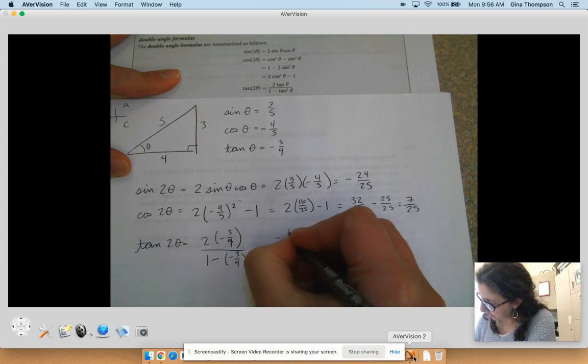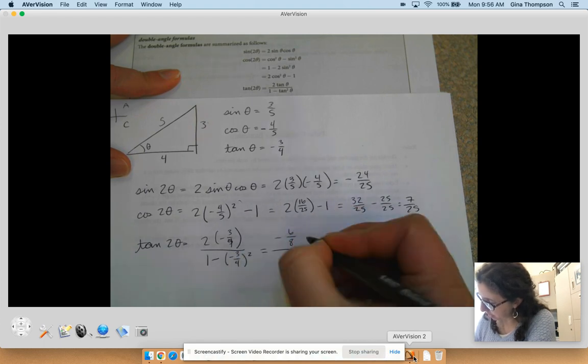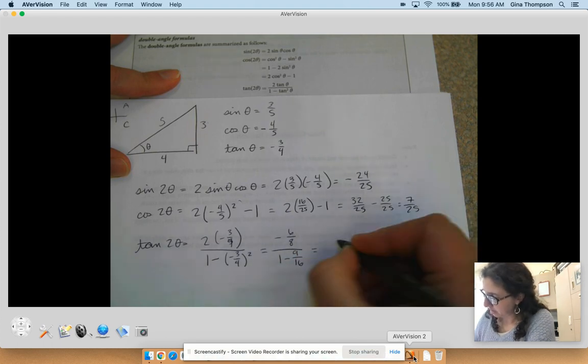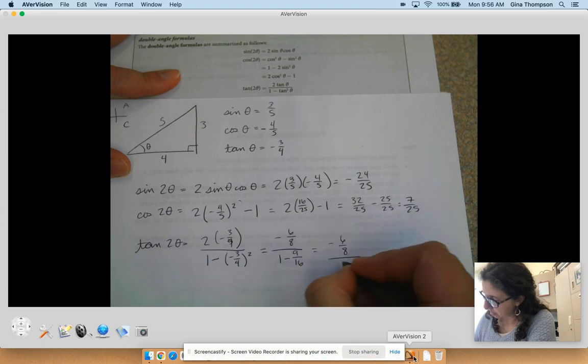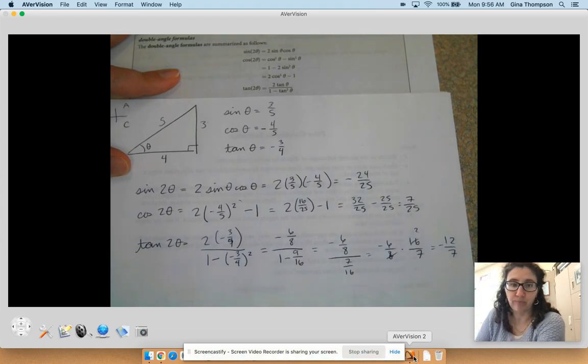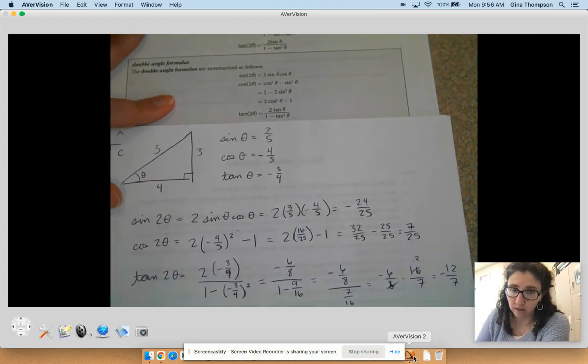So negative 6/8 divided by 1 minus 9/16. So negative 6/8, this is going to be 7/16. So negative 6/8 times 16/7, negative 12/7. Okay, so nothing too fancy here, right?